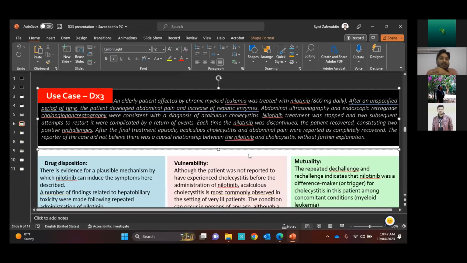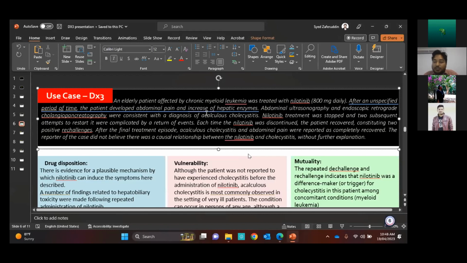Okay, so we have a case here. An elderly patient affected by chronic myeloid leukemia was treated with nilotinib 800 milligram daily. After an unspecified period of time, the patient developed abdominal pain and increase of hepatic enzymes. Abdominal ultrasonography and endoscopic retrograde cholangiopancreatography were consistent with the diagnosis of acalculous cholecystitis.